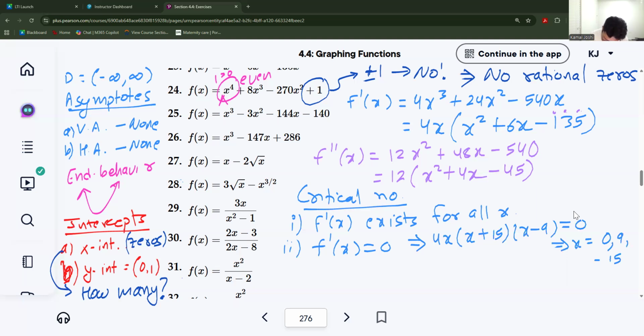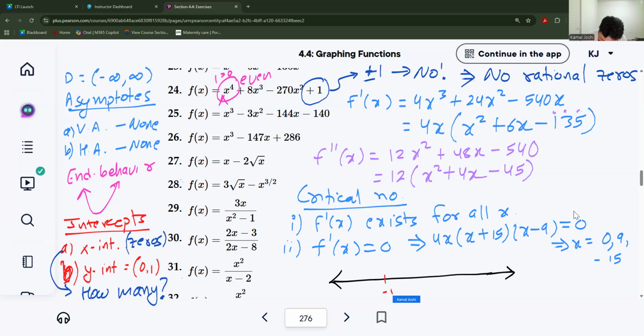And are they max or min? We know the number line. Second derivative test, I can do that on the number line. Actually, let me draw a single number line in which I will do everything: first derivative, second derivative test, and also later we'll use it for inflection points.